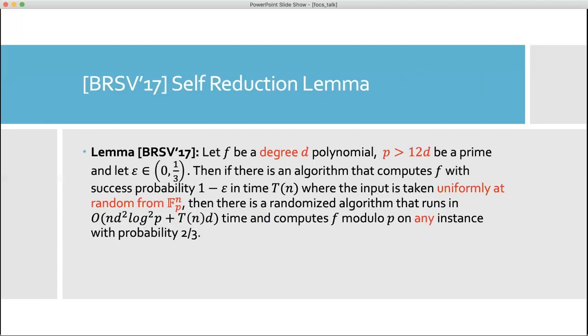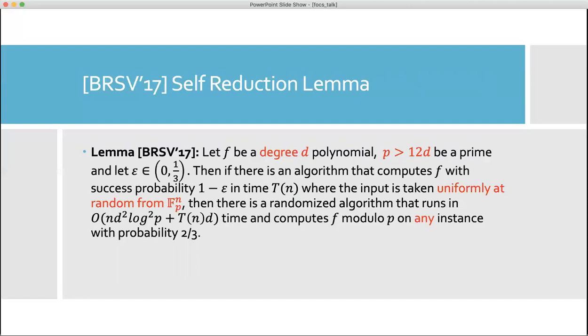Let's see what this lemma is. It says: let f be a degree-d polynomial, let p be a prime number that is slightly bigger than the degree of the polynomial, so it is bigger than 12d, and let epsilon be a fixed number that is at most 1/3.